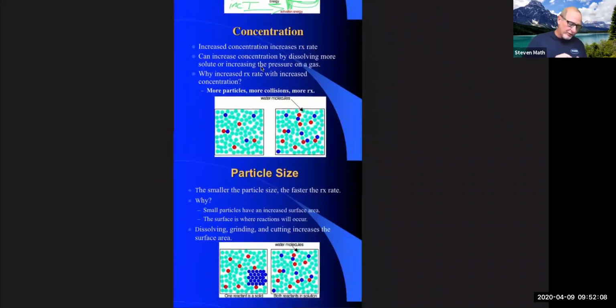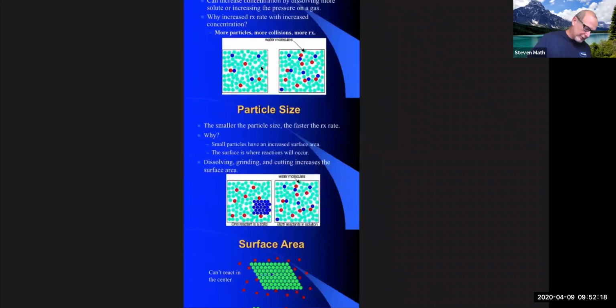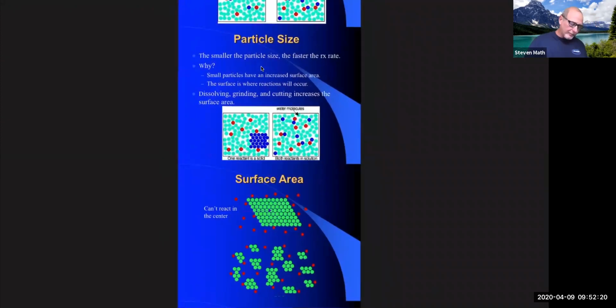What about concentration? We've already explained this. Increase the concentration, increase the collisions, more reactions. And what about particle size? If I break up the particles into smaller pieces, here's one big chunk of particles. If we break those particles up, now there's more interaction with the other particles, and that reaction can occur.